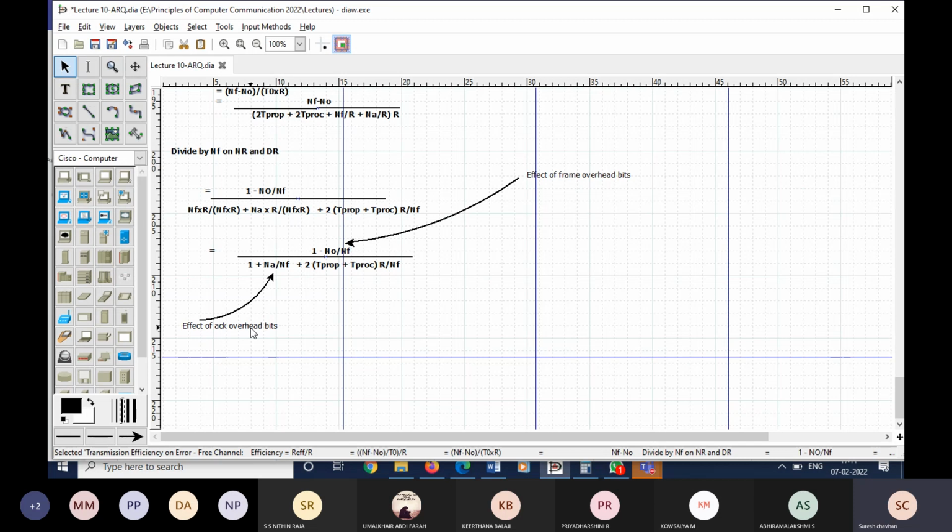And these overhead bits and the acknowledgement overhead bits are very less compared to the actual number of bits in the frames, as well as the bandwidth and the propagation or processing delays. For that reason, we can make this as 0, right?